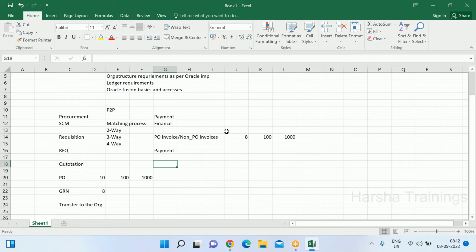And once payments are processed, we have the quick and manual payment process that you will see in the system directly. We also have electronic and check payment processes, which you will also see in the system.